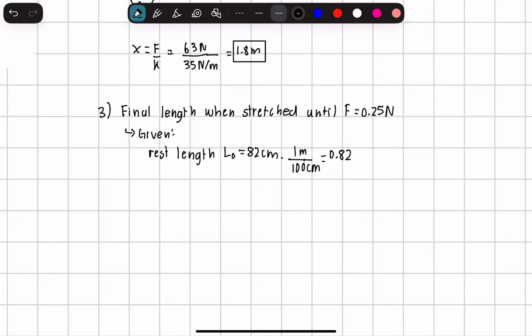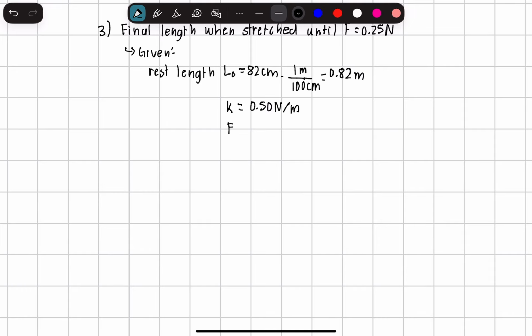We were also given that the spring constant k is 0.50 newtons per meter, and the magnitude of the spring force is F equal to 0.25 newtons.